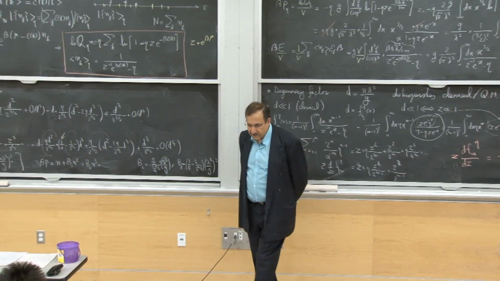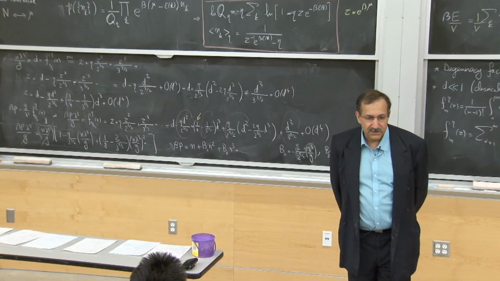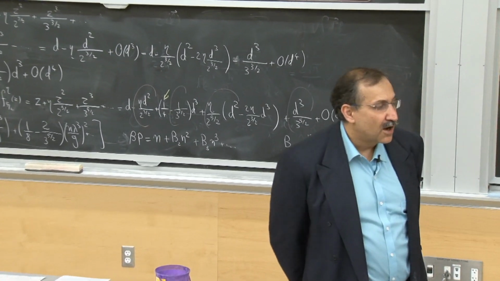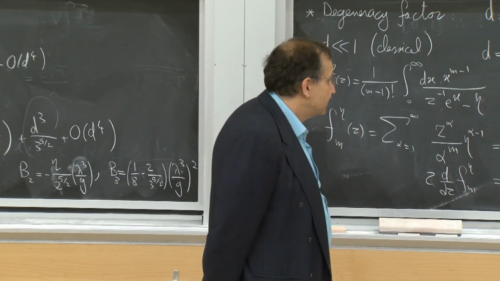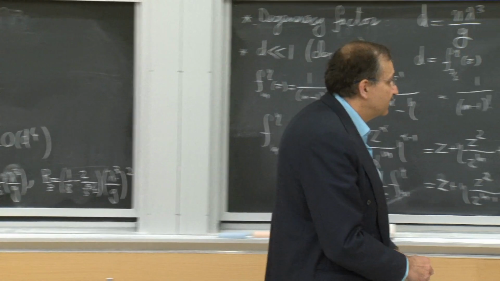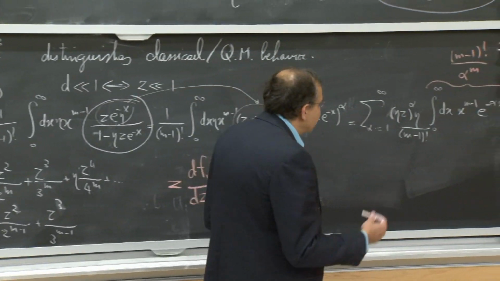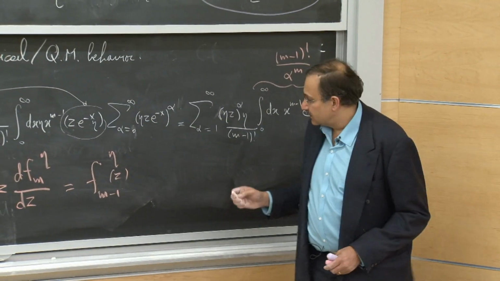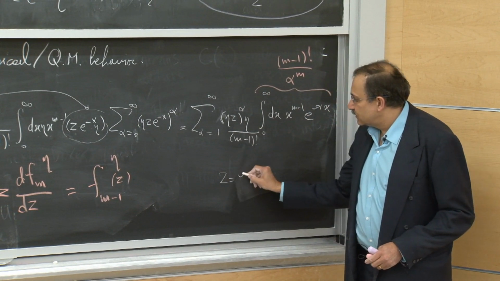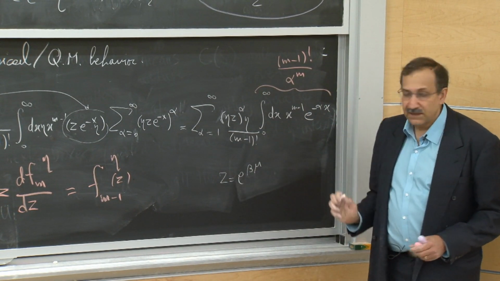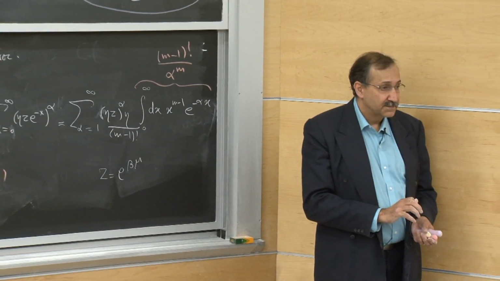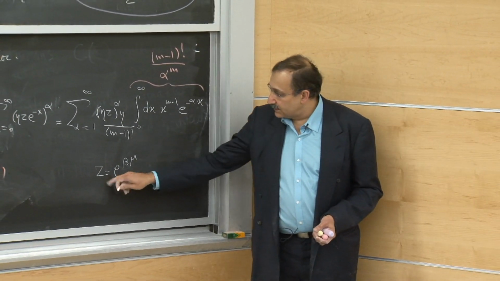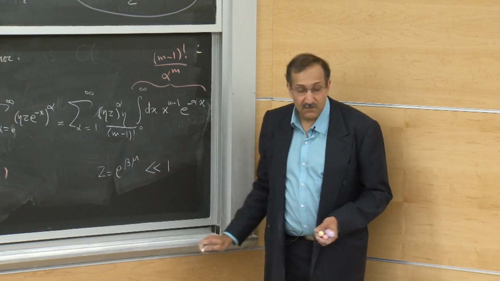Okay. So as you say, it corresponds to being large and negative, which means that, I think the more physical way of looking at it is this: z, which is e to the beta mu, is the likelihood of grabbing and adding one particle to your system. And what we have is that this is much, much less than 1.